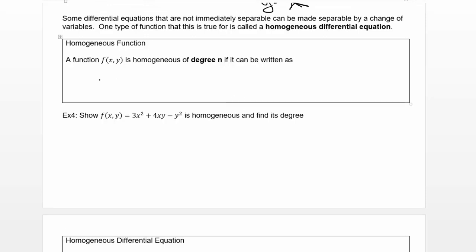If it can be written as f of tx comma ty, so whatever the function's rule is, we're going to replace x and y with t times x and t times y. And if you can rearrange this, or importantly factor out the t's, that result as t to some n, where n is what we will call the degree of this function, times the original rule of the function, f of x y.